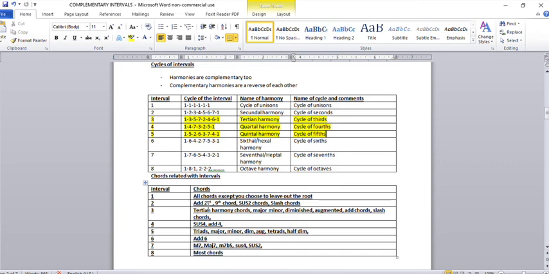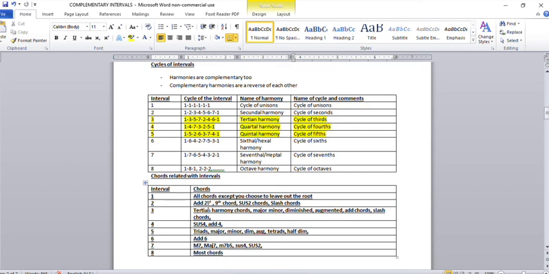A C major with a C in the bass is the natural C, which you call just C major. But if you put the third in the bass, you may want to indicate it. You normally indicate it when you put a note that is not in the chord, not in that harmony.